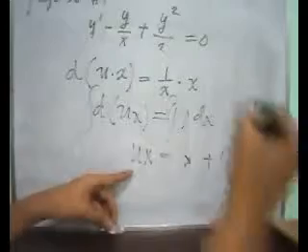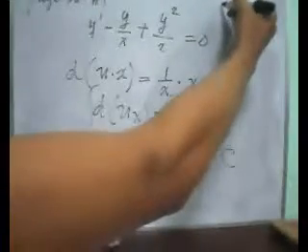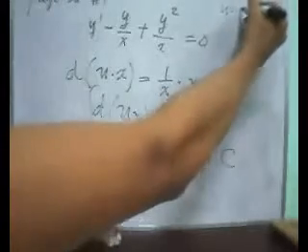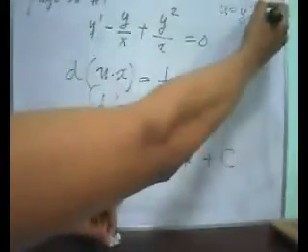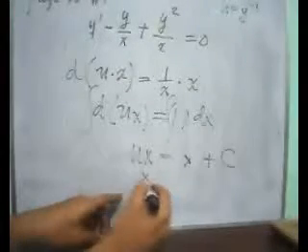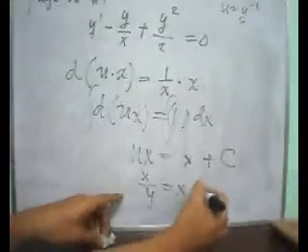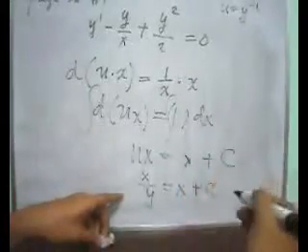Okay, now we substitute the substitution we've had. We have u equals y to the negative 1, then u is equal to 1 over y, so x over y equals x plus c. So we have further simplification.